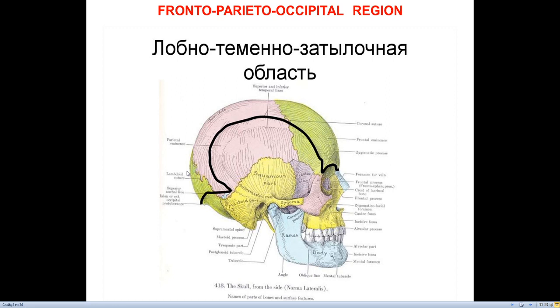Subperiosteal fat has good development and is very easy to separate from the bone.